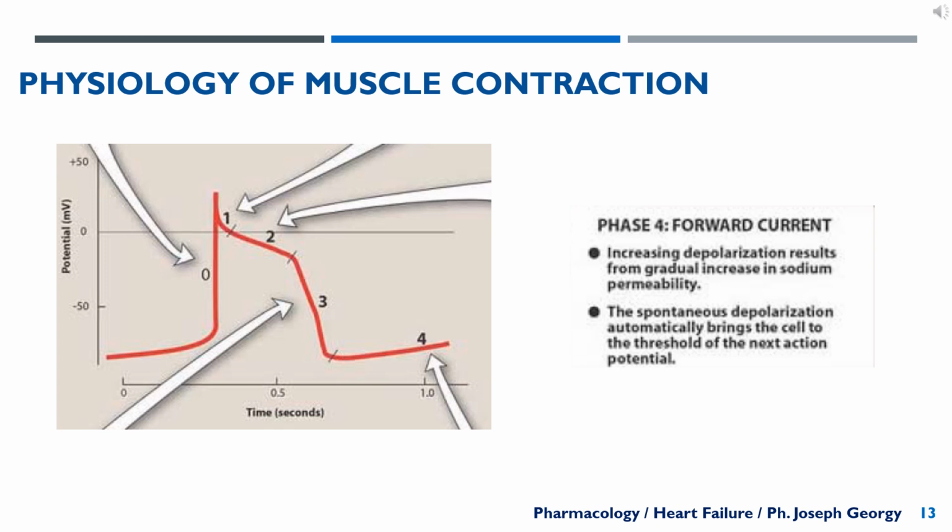So this is the process of these five phases: phase 0, phase 1, 2, 3, and 4, that represent the depolarization and repolarization and the action of the channels and the entrance and the exit of these ions, which are potassium, sodium, and calcium ions, across the two faces of the cell membrane of, of course, heart muscle cells.